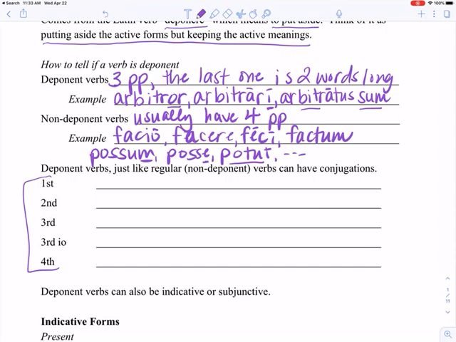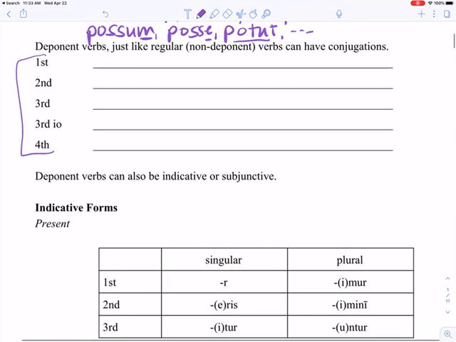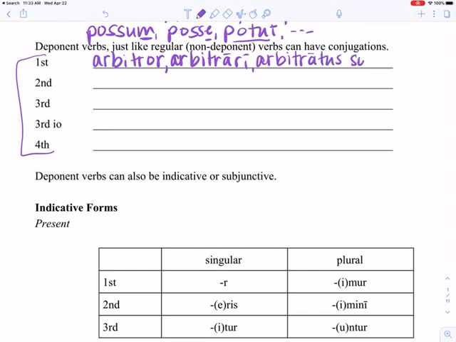So let's look at conjugations. I'm going to give you examples, and we'll talk about why that one would be a first conjugation verb and so on and so forth. I'm going to use our verb arbitror again: arbitror, arbitrari, arbitratus sum.